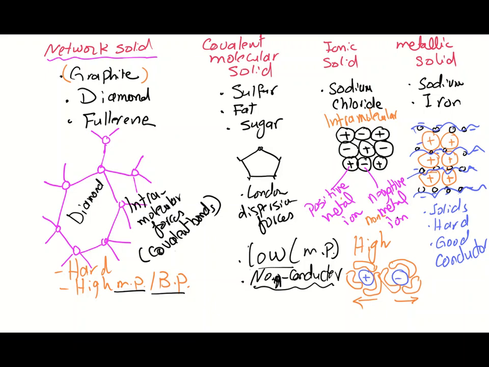If heat is applied from any one side of the metal, the positive metal ions and electrons start to vibrate and collide with one another, transferring the energy from one particle to another. This is how heat can be transferred. For electroconductivity, the electrons can move freely within the metallic structure, and that's why they are very good conductors of electricity.